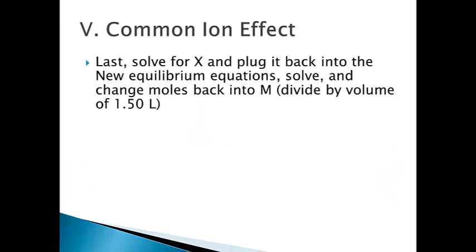Okay, next step, take those concentrations, solve for X, and then plug it back into the new equilibrium equations and solve, and then make sure you change everything back into molarity. Okay, don't forget we're solving for moles, so in other words, divide by the volume of 1.50.